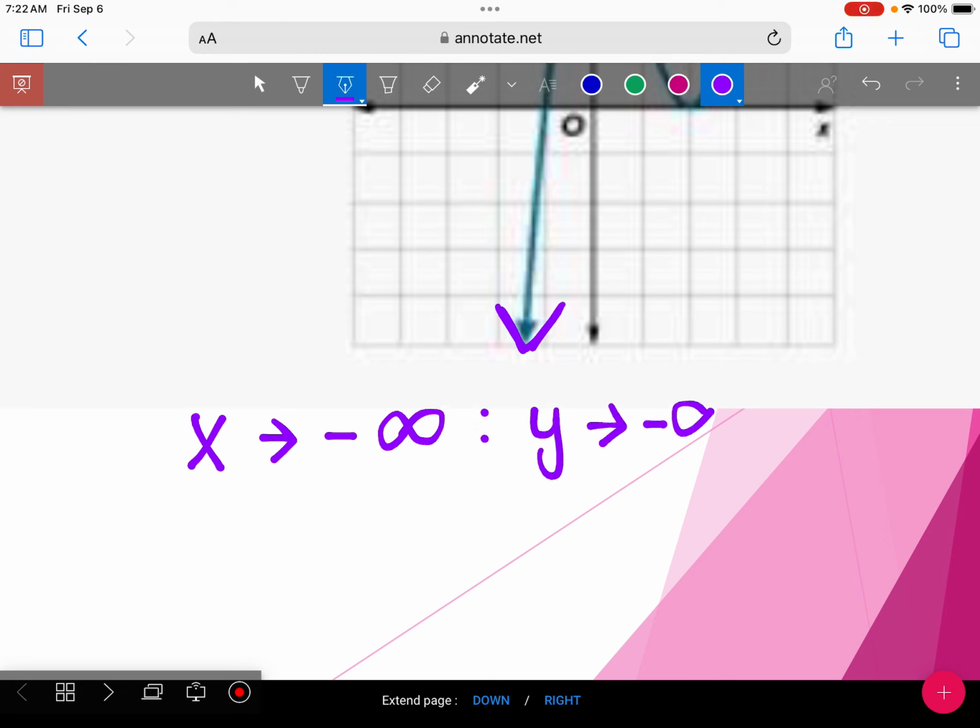It also approaches negative infinity because it's going down. As my x's get really, really small, my y's get really, really small. And for my right arrow, as x approaches positive infinity, my y approaches positive infinity.